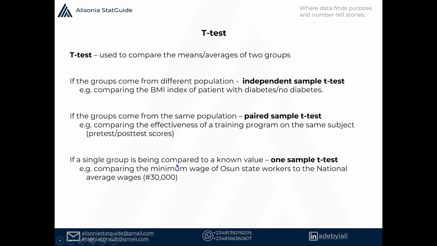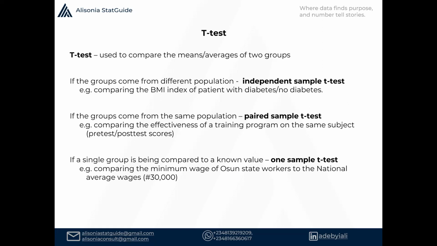If a single group is being compared to a known value, we have the one sample t-test. An example here is comparing the minimum wage of some state workers to the national average wage. We all know that the national minimum wage is 30,000 naira. So how many states in Nigeria are paying the minimum wage?